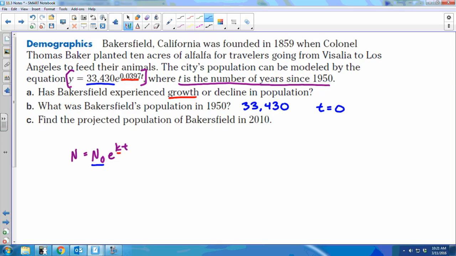And then C says find the projected population of Bakersfield in 2010. So we're actually going to use this equation. Again, T is years since 1950. So how many years is 2010 since 1950? 60.